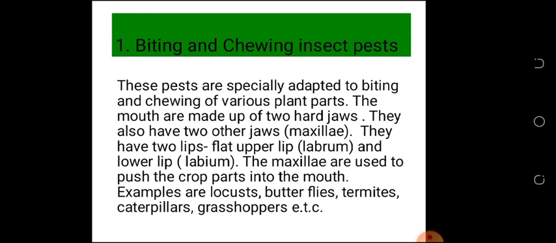Then the second one, the lower lip, which is called labium. The maxillae are used to push the crop parts into the mouth. Examples of these insect pests are locusts, butterflies, termites, caterpillars, grasshoppers, etc.